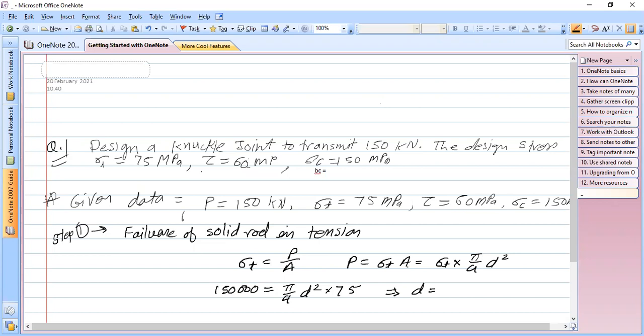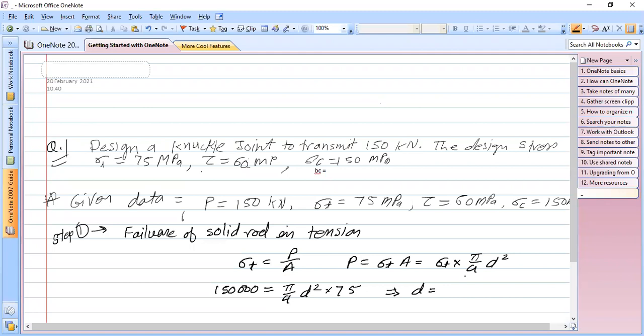Right, 150 into 10 raised to power 3, then sigma T into area. Area I wrote here as pi by 4 d square.